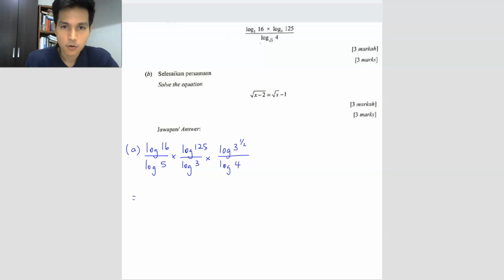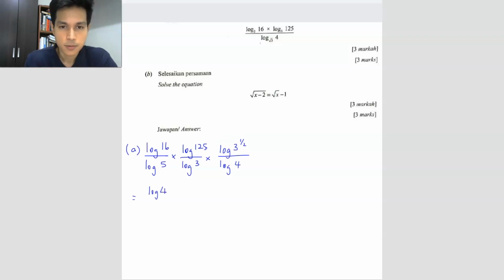Okay, so now all this, the power one, I can change it to 4 square, right? This one I can change to 5 cube, and this 1 over 2 I can bring forward, correct? I'm going to do that later. You know why? Because when we do that, it's easier for us to simplify.